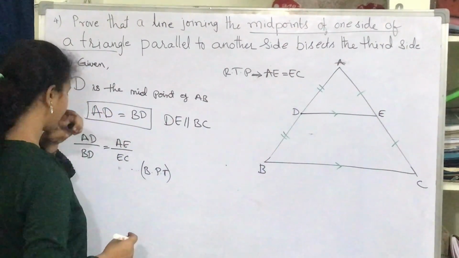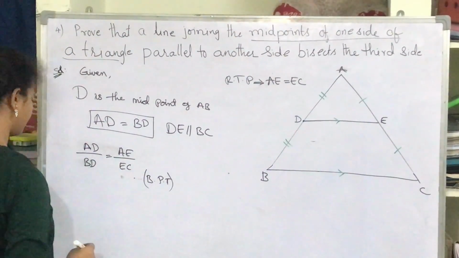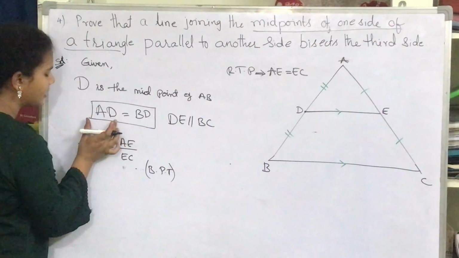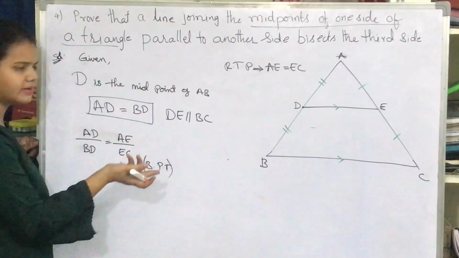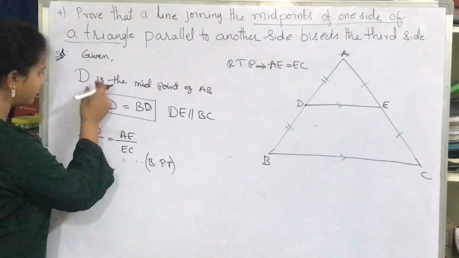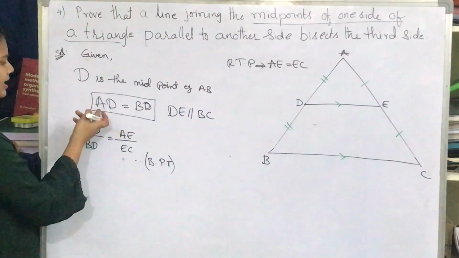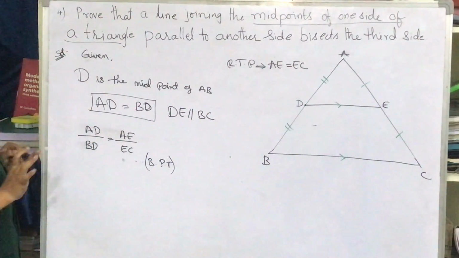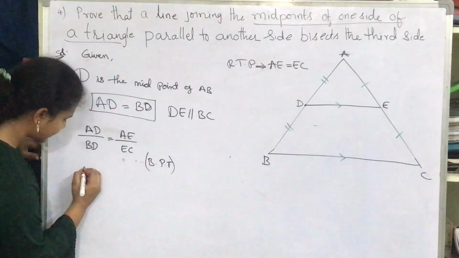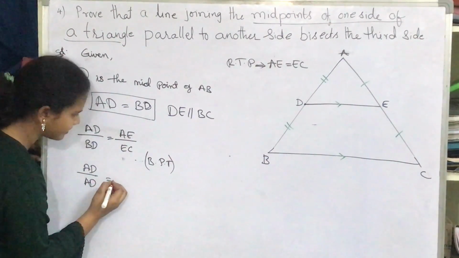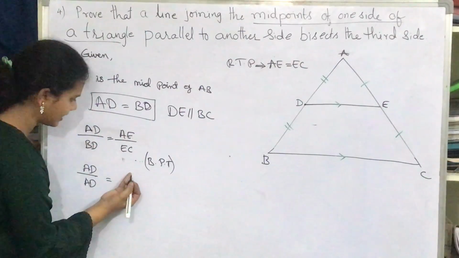Now we know AD by BD. Now here I got what? AD equals BD. I have written this equation where AD equals BD, since D is the midpoint of AB. So instead of BD, I can replace it with AD, and write AD by AD equals AE by EC.